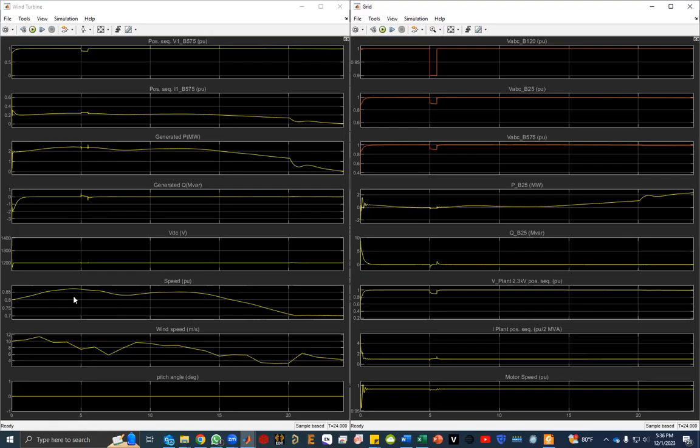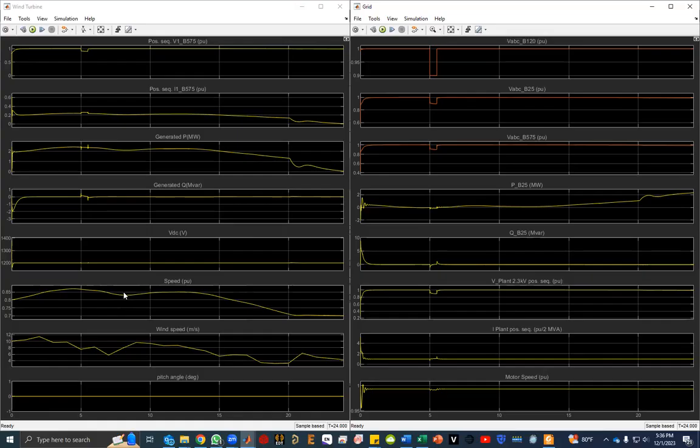You will see the speed is different than this one, because when the turbine starts rotating, even if the wind is going down, it still has some inertia. That's why it is not losing its speed.